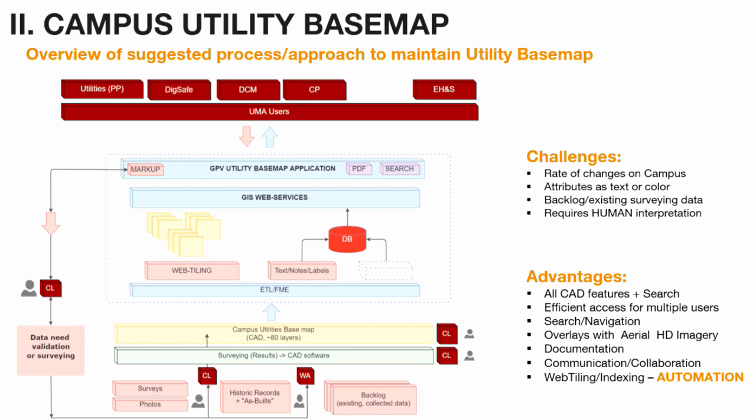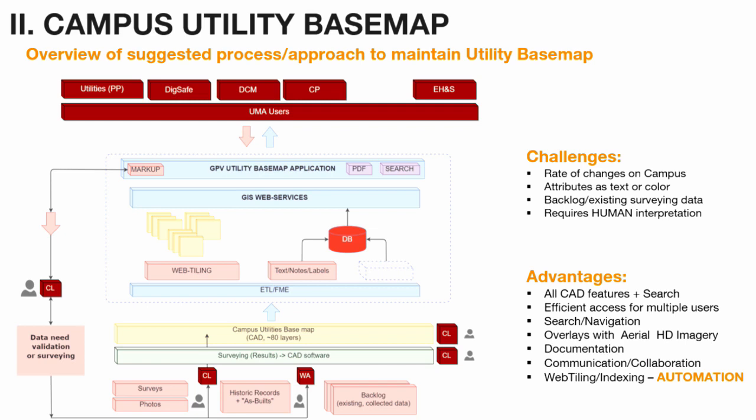So the people can hopefully help deal with some of the rate of change on campus, and have all of those CAD features and everything that was on that CAD drawing, but in an easy, efficient access for multiple users.